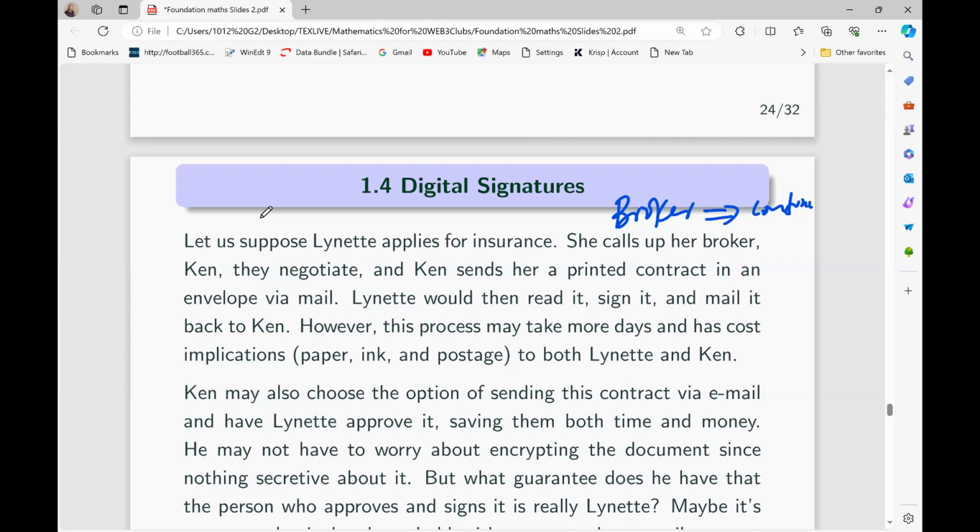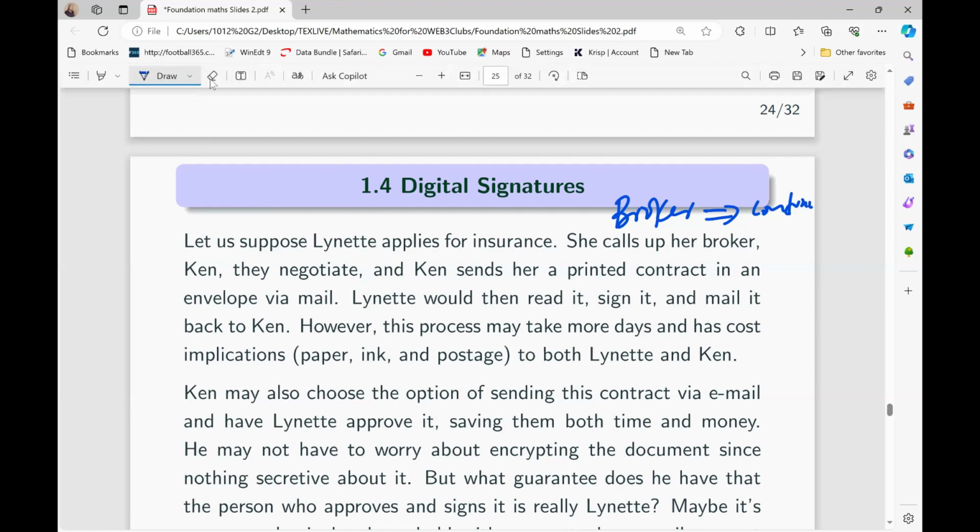For instance, supposing I'm the broker and I bring it myself and you sign, I'm sure it's you who signed. But if I was to send somebody that I trust, again, I'd be sure it's you who signed, because if I trust this person, I'd be sure that it's you who signed. But that is a process that will take long.